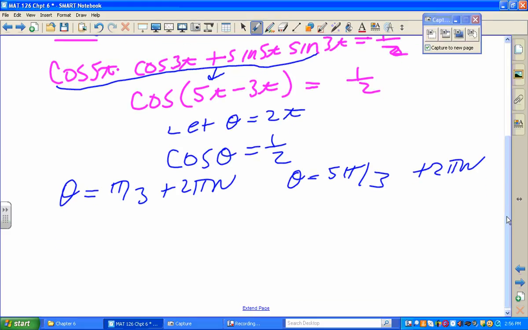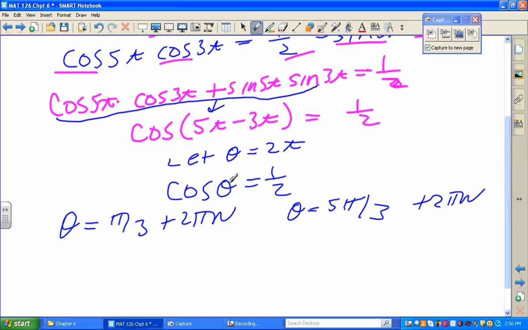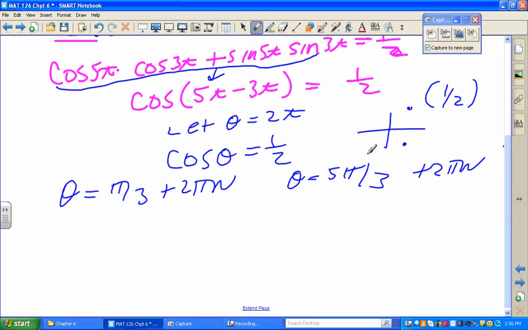Okay, wait, where did that come from? Oh, because on the unit circle, a half happens at pi over 3 and 5 pi over 3. If you put 2t equals pi over 3, yeah, exactly right. 2t equals pi over 3 plus 2 pi n.